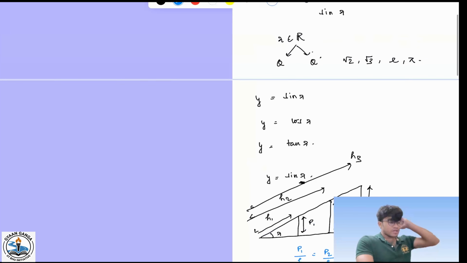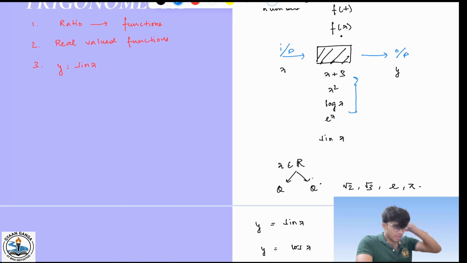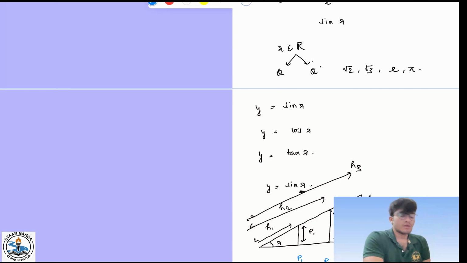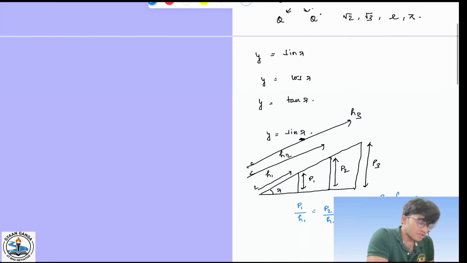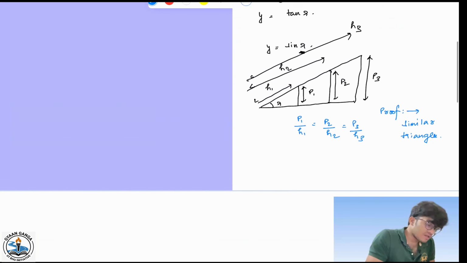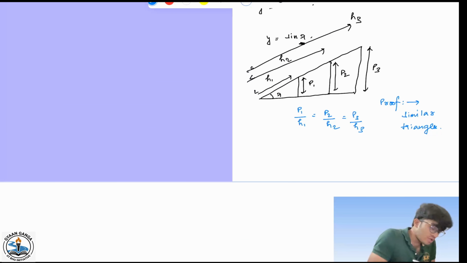So anyhow, what is the point of the ratio being independent of the size of the triangle? It is the fact that for our convenience we define a unit circle.